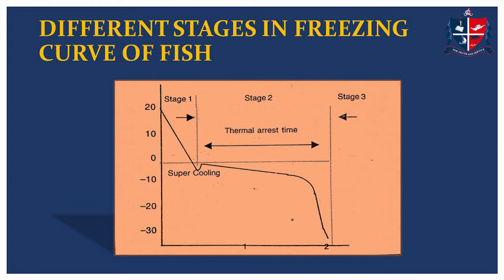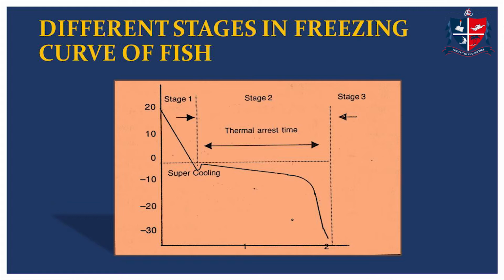So when crystallization commences, the temperature rises a bit. This is mainly because of the release of heat of crystallization. So the temperature rises and reaches the initial point of freezing point of water. This marks the end of stage 1.